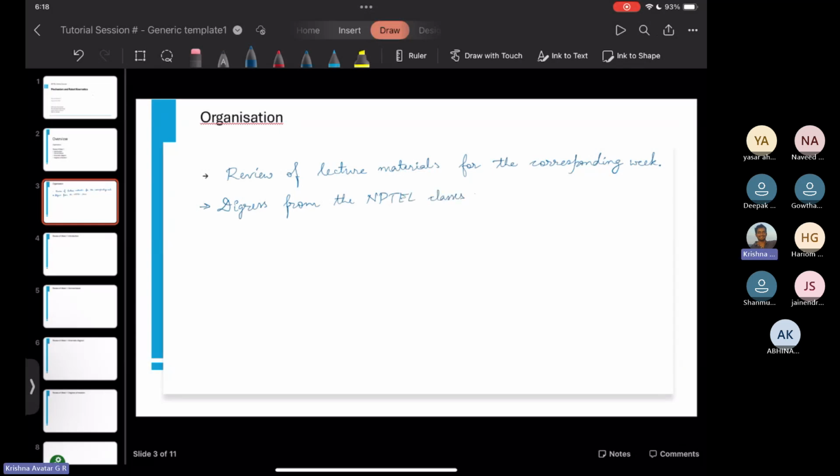One thing I have in mind is that we will be learning and doing some simulations using MATLAB. That should be one particular area, learning and maybe implementing some algorithms.